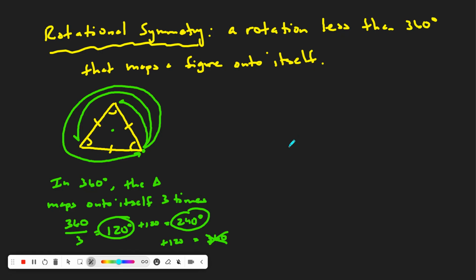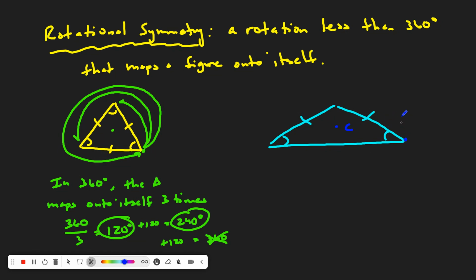Now let's take a look at the same isosceles triangle as above. So again, short, fat, 2 congruent sides, 2 congruent angles. So the question is, can we rotate this guy around its center and land on itself? Well, let's think about this.